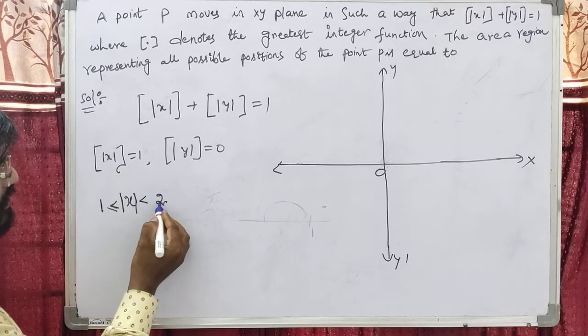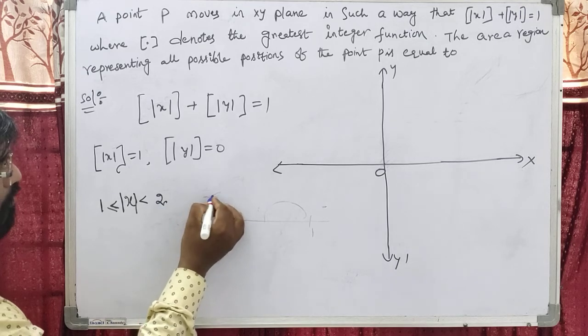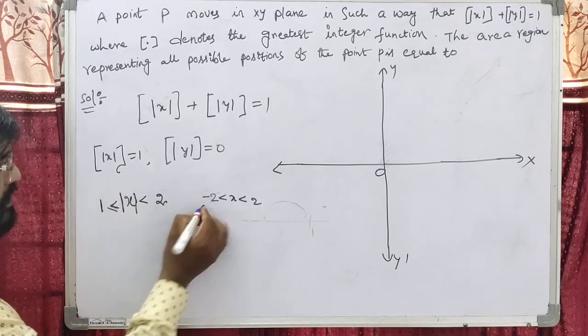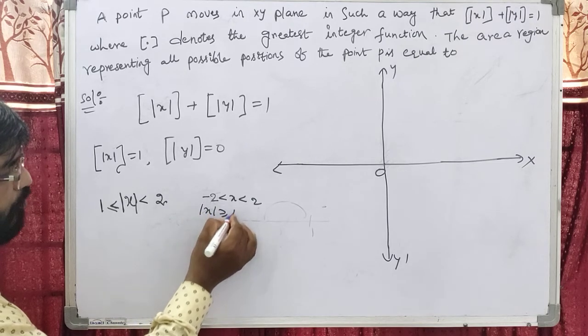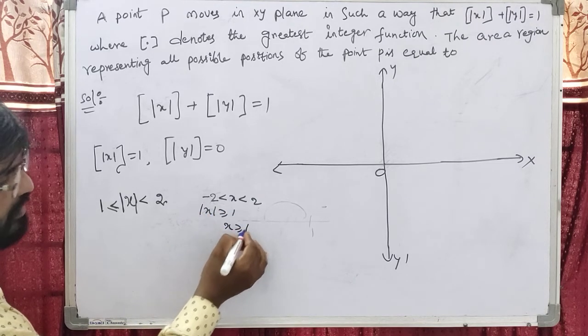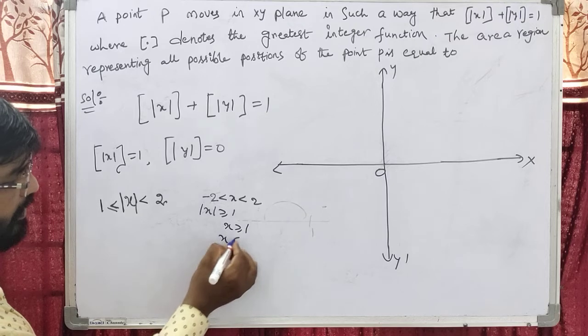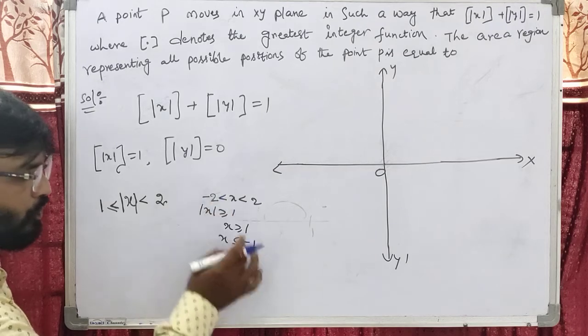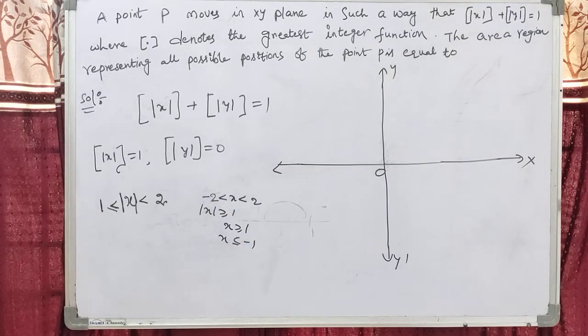|x| less than 2 means minus 2 less than x less than 2. |x| greater than or equal to 1 means, students, x is greater than or equal to 1 and x less than or equal to minus 1. Dear students, what I am saying here, minus 2 to minus 1 is one of the common parts.